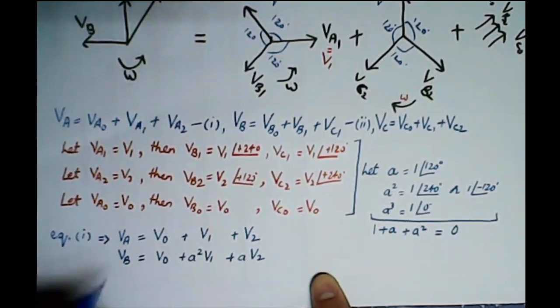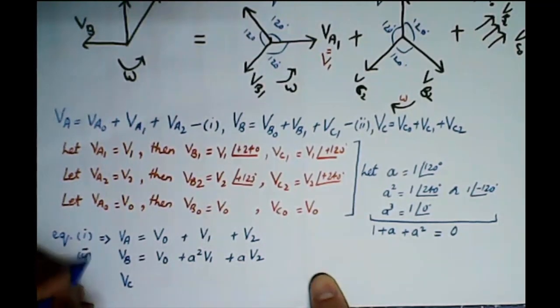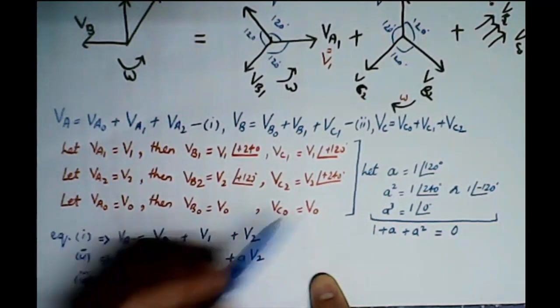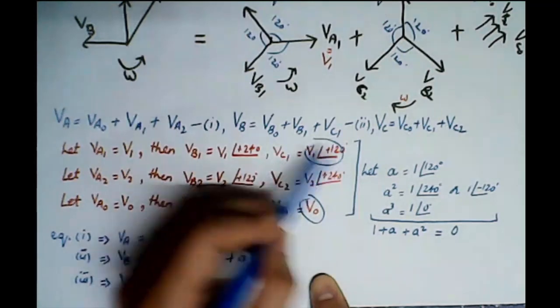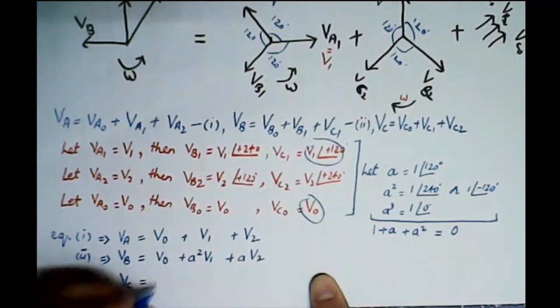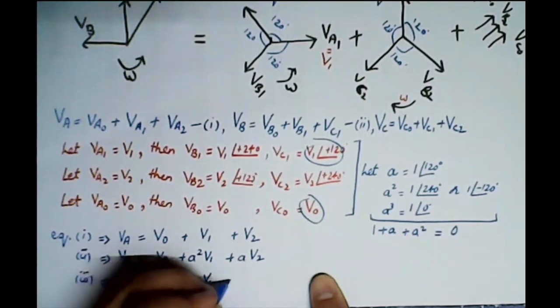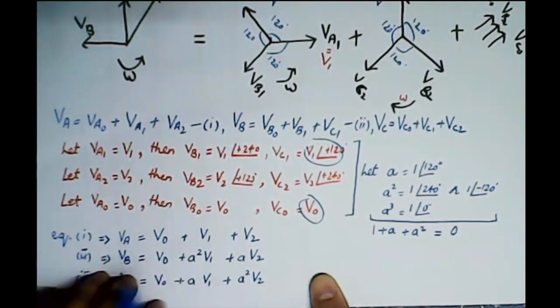And VC, equation 3, we can write as V0 plus a V1, 1 angle 120 is a, plus a square V2.